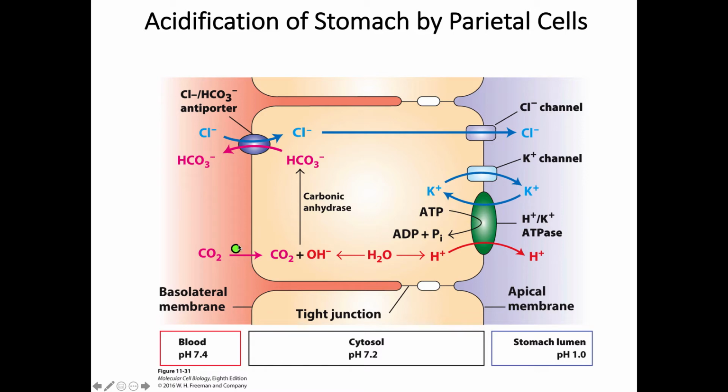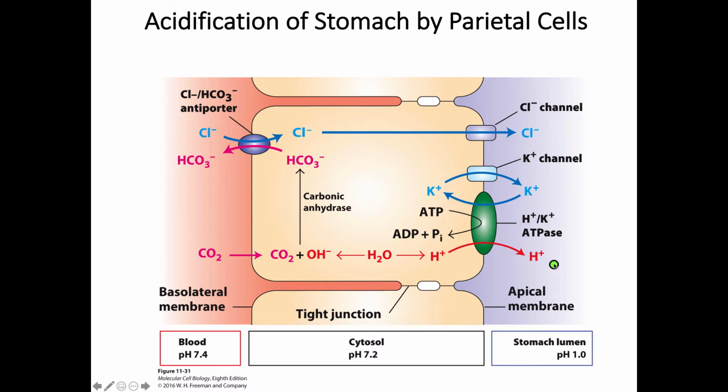Now you can see that there are some other things happening. As you are pumping out the protons into your stomach, you are exchanging them with potassium. So potassium is coming in, and this is a problem. Here you have the potassium channel, which will leak some of the potassium, but that is not enough.